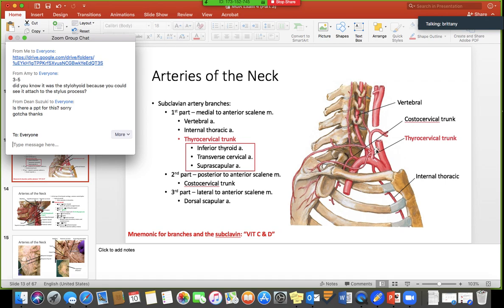So vertebral, internal thoracic, thyrocervical trunk, costocervical, and dorsal scapular. These are really the three branches that are new to this material, so I would focus on learning these.